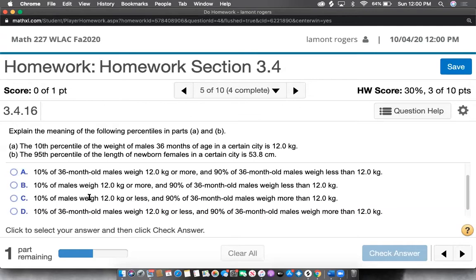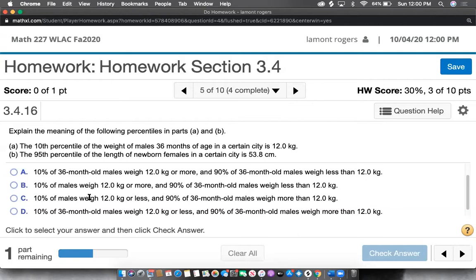What does C say? 10% of males weigh 12 kilograms or less, and 90% weigh more. That one looks right. What does D say? Part C said 10% of males, but part D says 10% of 36-month-old males. So it's got to be D, right?